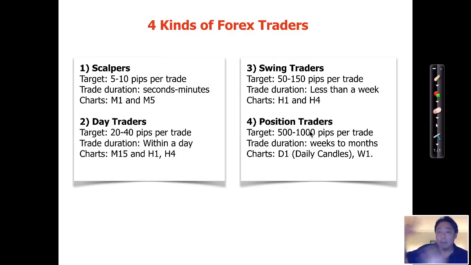They have a long-term view, and normally they tend to trade based on fundamentals: the underlying health of the economy, what's happening to interest rates and GDP, and the overall big trend. Position traders like George Soros, for example, when he enters a trade, will target 500 to 1,000 pips per trade or more.